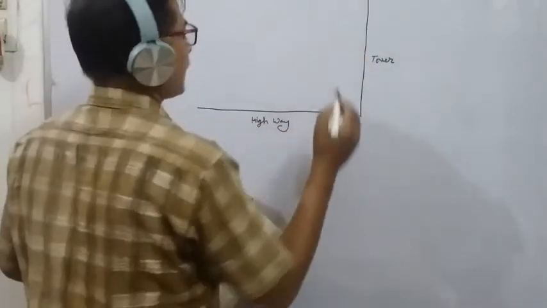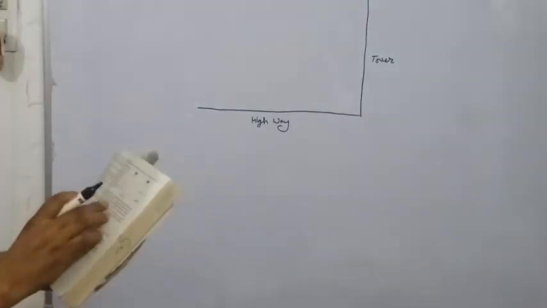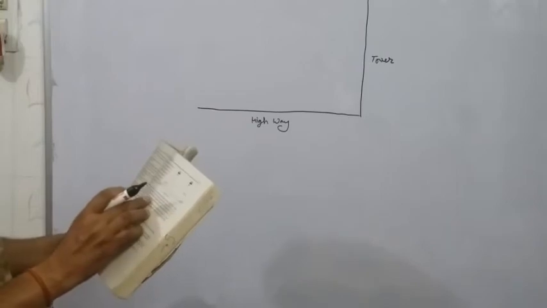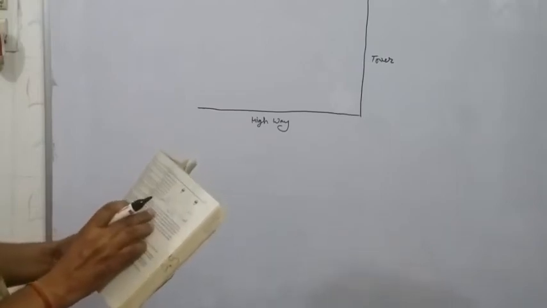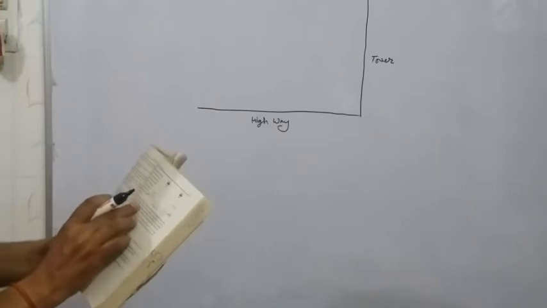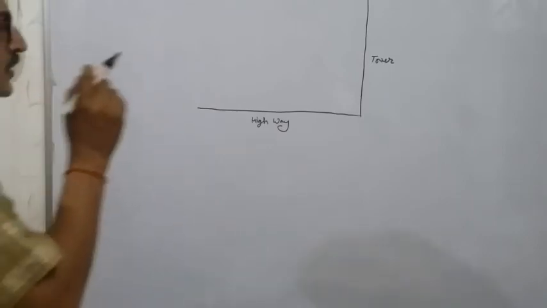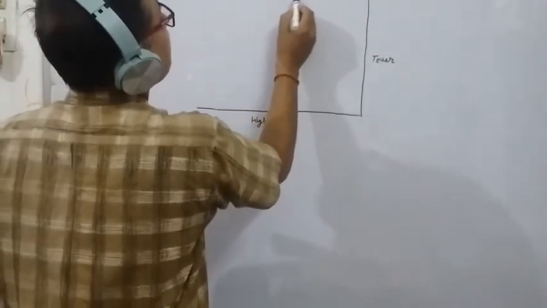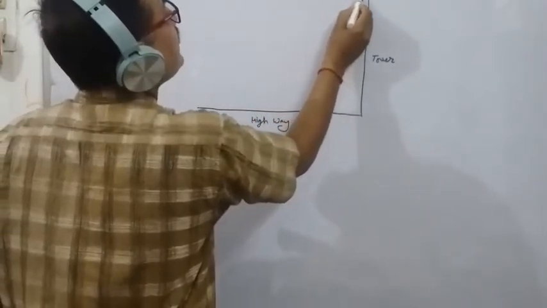Okay. Now what is happening? A man is standing at the top of the tower, observes a car at an angle of depression of 30 degree. So first we will draw the imaginary horizontal line, because we have to make the depression line.